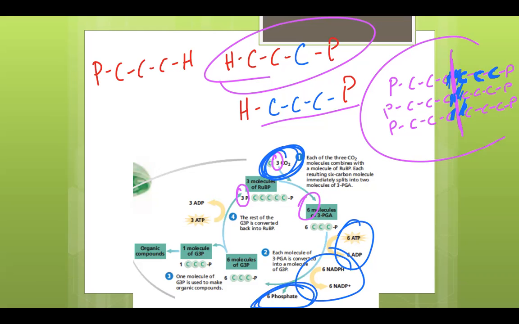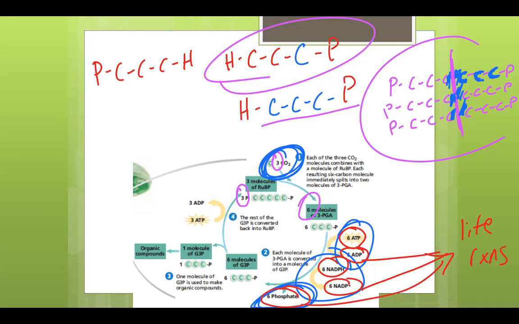You've also got phosphate here, which can go back to the light reactions. So what you are doing is recreating, right? We used 6 ATP and 6 NADPH. Those are the 2 molecules that are storing the energy from the sunlight in chemical energy. And now we're going to use them, and we're going to release the ingredients that we need for the light reactions.